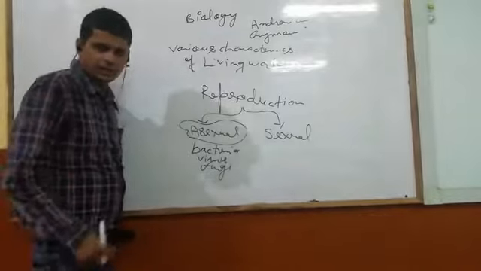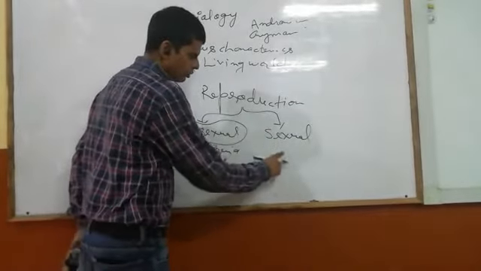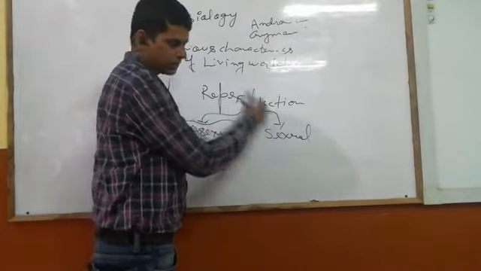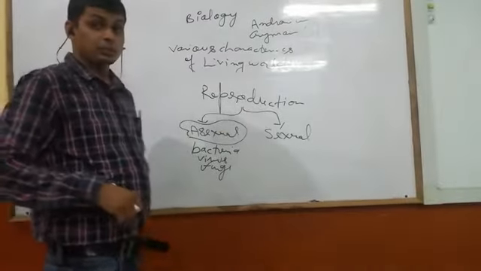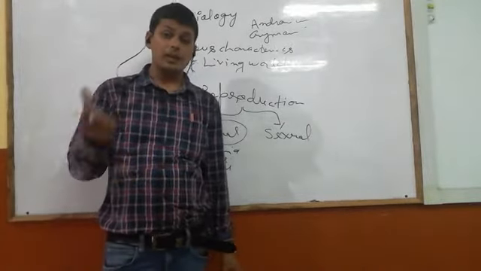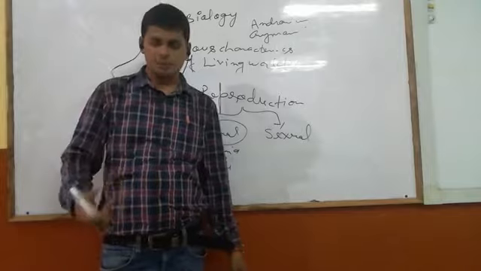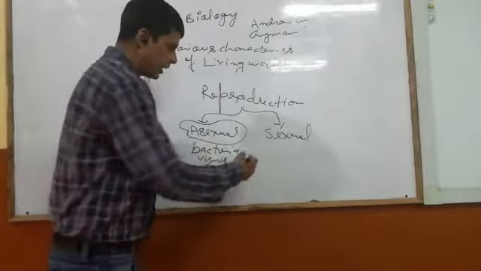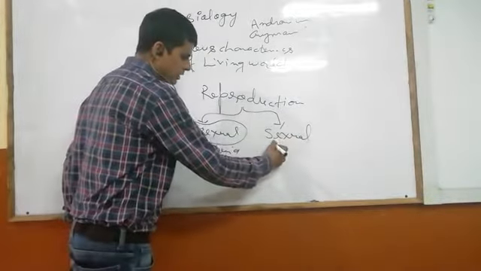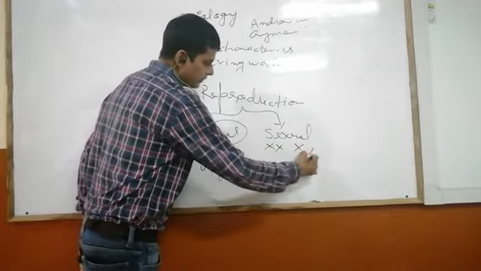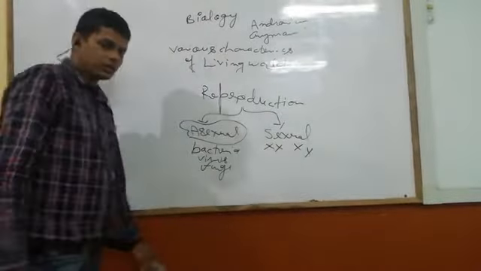In Panthera tigris and humans, male and female have different chromosomes, XX and XY. So these things happen in reproduction.